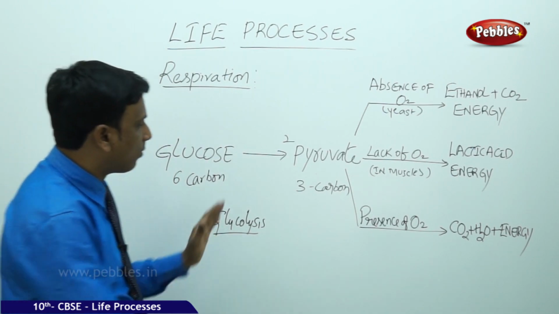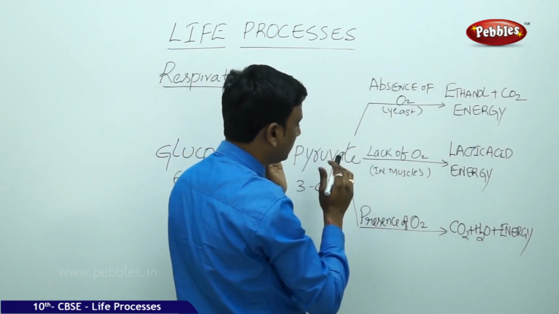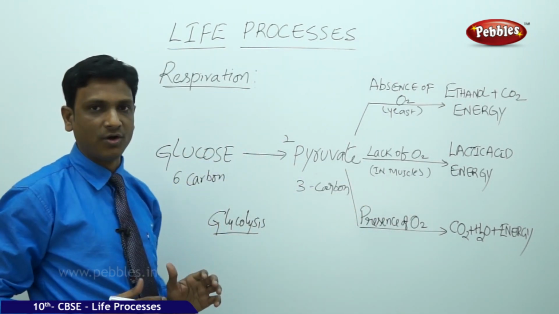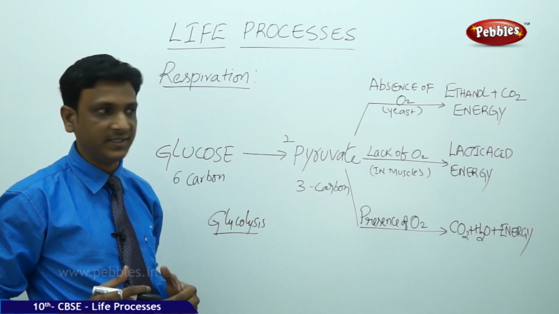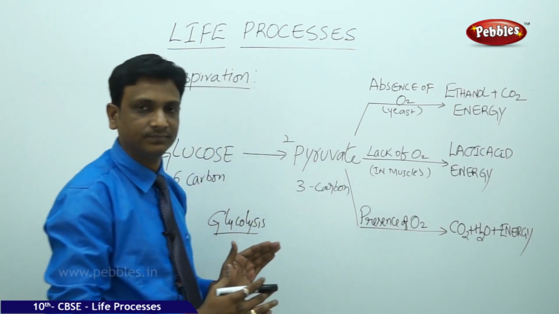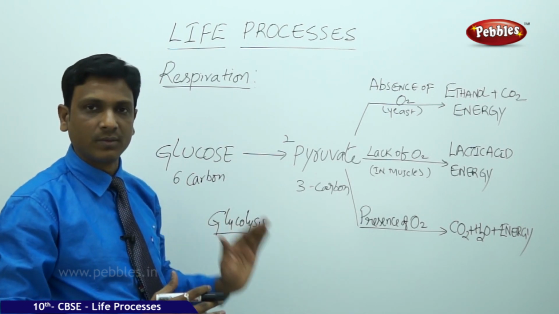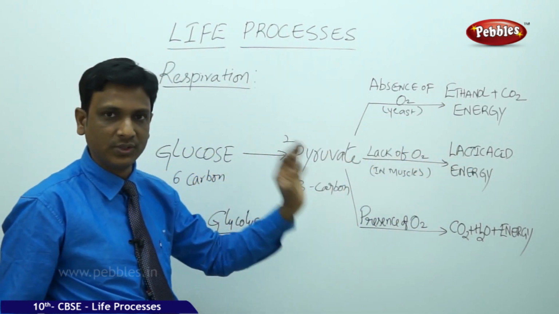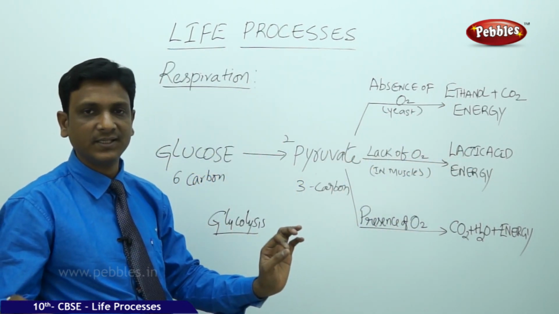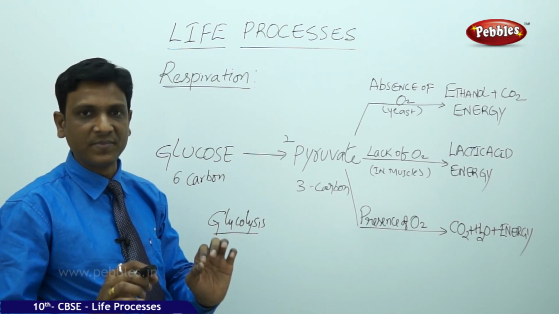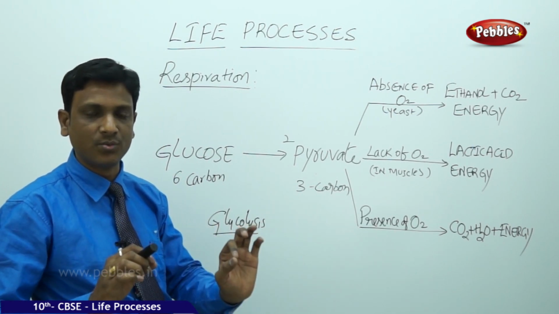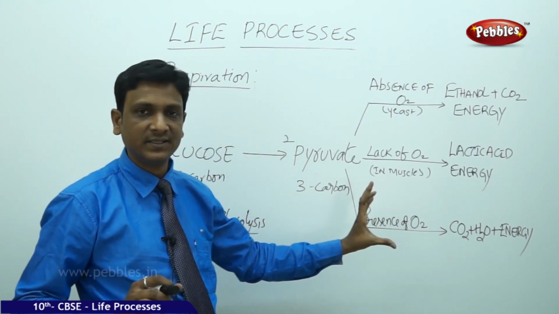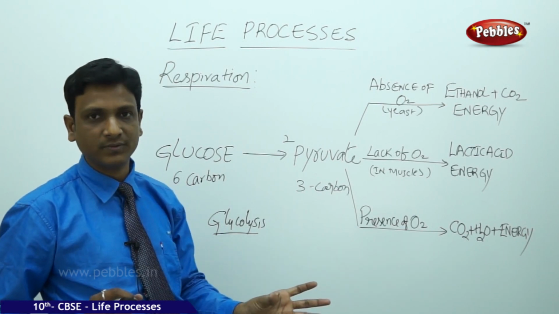Now let us see what happens to this pyruvate in the case of aerobic organisms. In aerobic organisms like human beings, this pyruvic acid is converted to carbon dioxide, water and energy. The molecule is completely utilized, and simple substances like carbon dioxide and water are released, and the total energy present in the pyruvate is taken out.